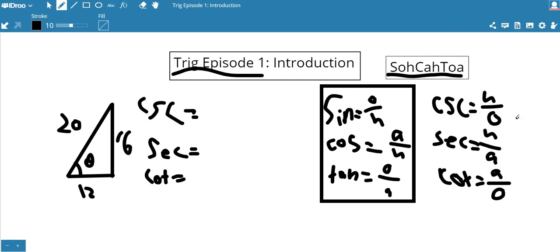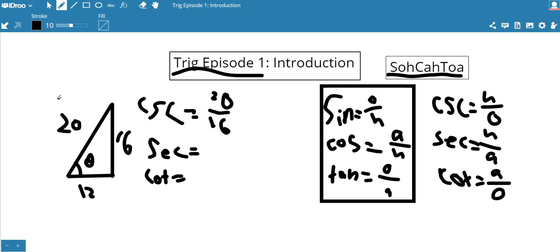Cosecant is the opposite of sine. For sine, it's opposite over hypotenuse, but we wanted to do hypotenuse over opposite. So then it would be 20 over 16.